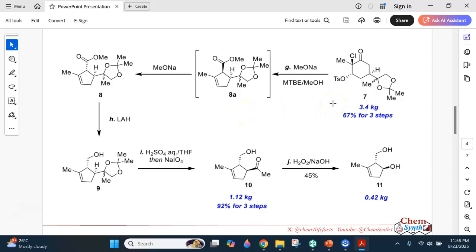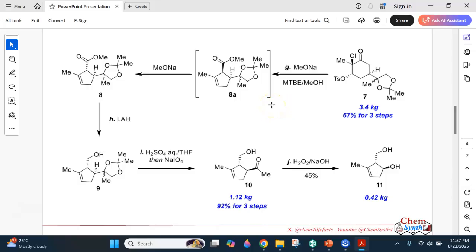You know how that Favorskii rearrangement works. Like base helped the deprotonation at the alpha carbon to that carbonyl group. Then the substitution of this halogen, followed by again that nucleophilic attack from this methoxide to that carbonyl, and followed by the removal of this leaving group.